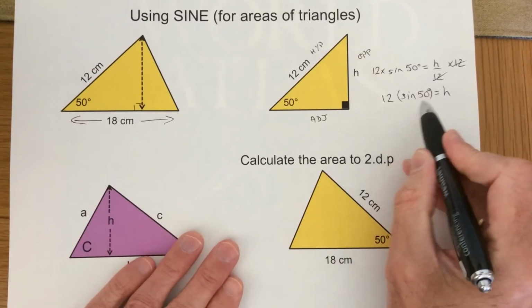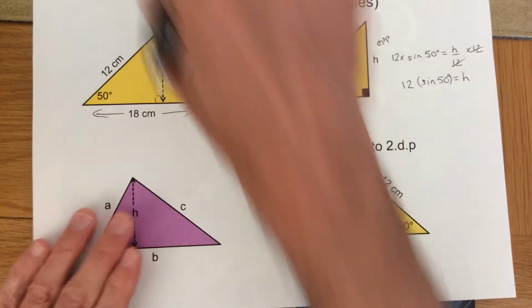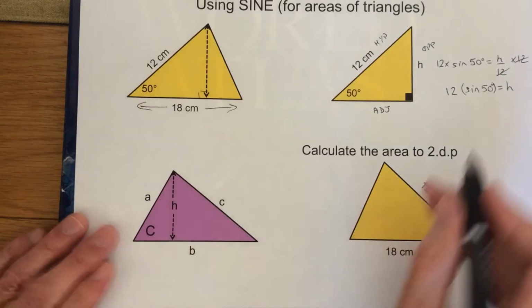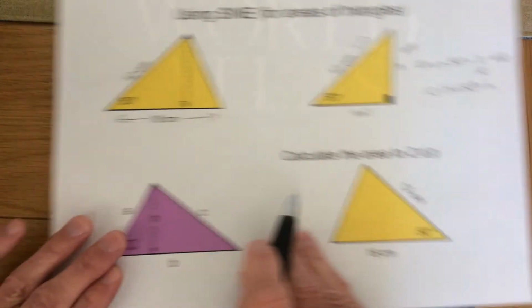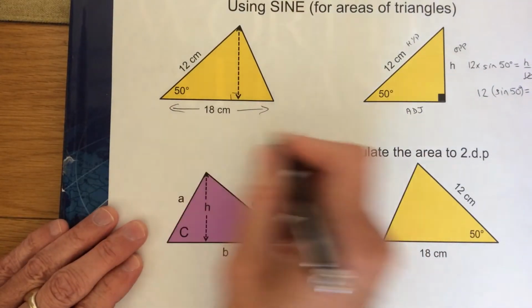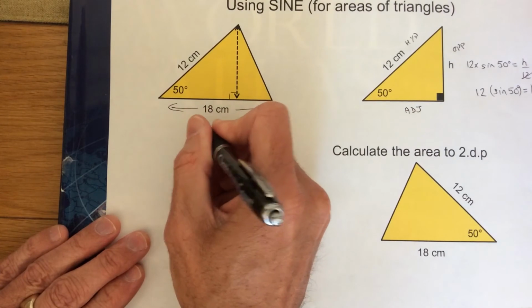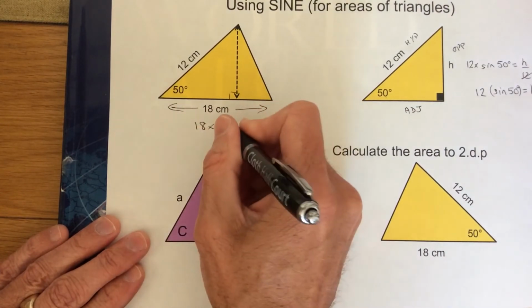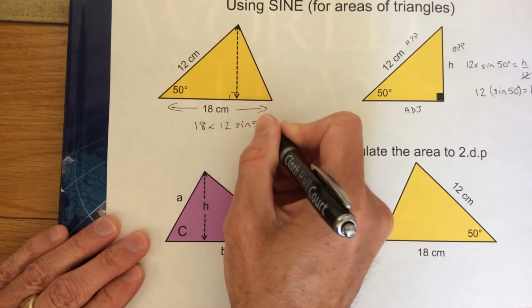Now at the moment I'm going to keep that as one value. I'm not going to work it out there. I'm going to put it back over here. That's my height, remember. So height times base, isn't it? Or base times height. So I'm going to do 18 times 12 sine 50 degrees.